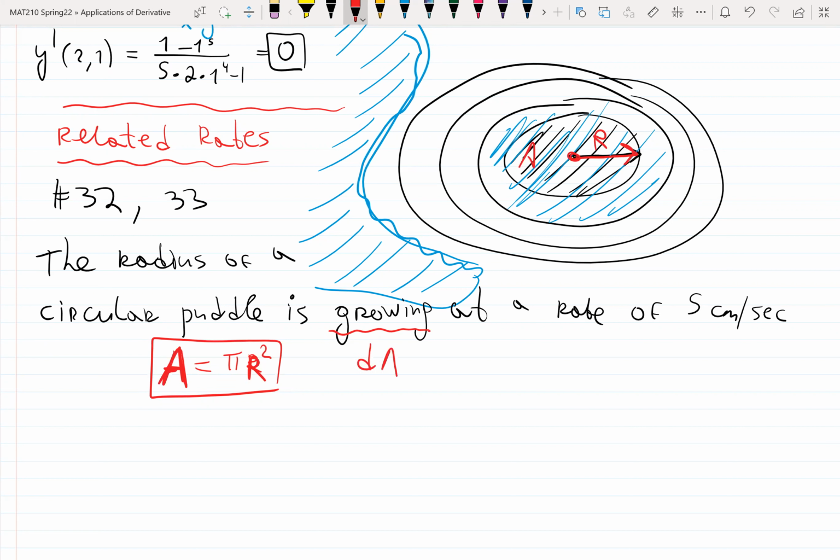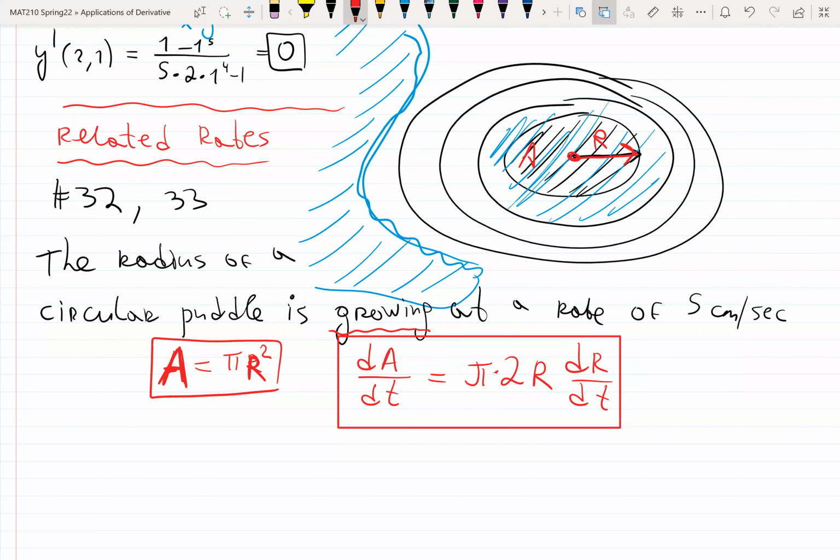So when you differentiate them, even without the question being asked, you already can see what related rates we are talking about. It's implicit differentiation. So it looks like this: dA over dt equals 2 pi r dr over dt, and those are 2 related rates. They're related via a third variable t, like so.